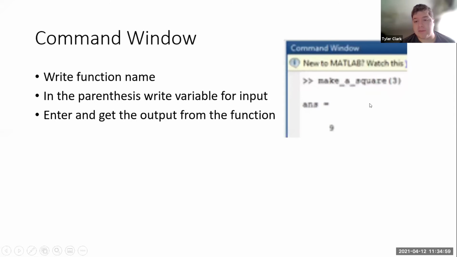And in the command window, you write the function name, in this case make a square, and in parentheses write the variable for the input, because x squared with 3 will make 9, and that's your new output. It wouldn't work for me when I tried it myself, so hopefully it works if someone else tries it.